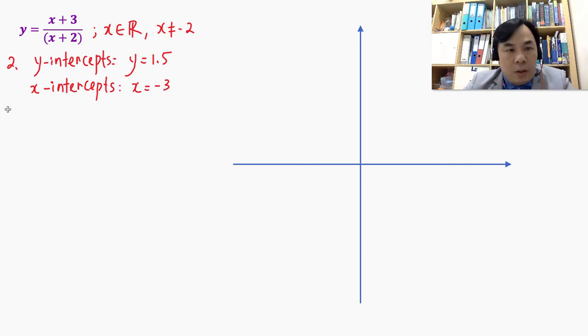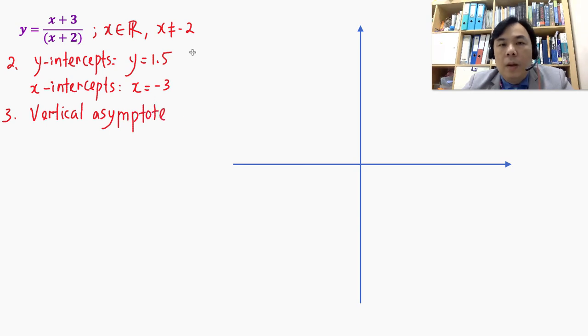Okay, we're almost there. Number 3, our vertical asymptote. In this case, it's very obvious. We only have one, which is x equal to -2.